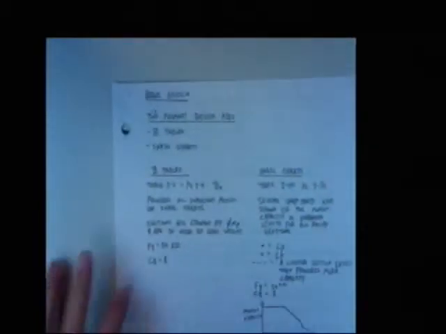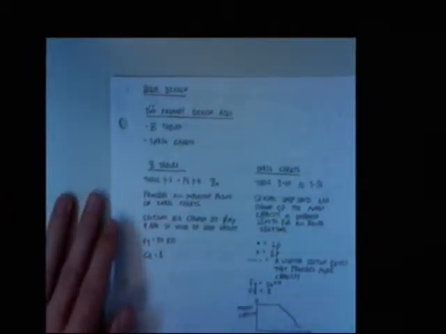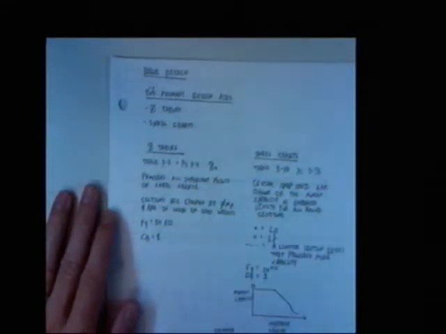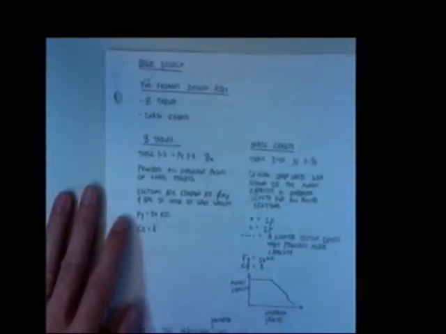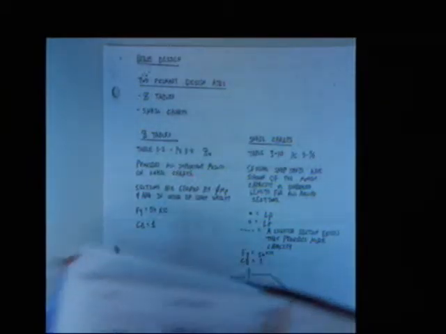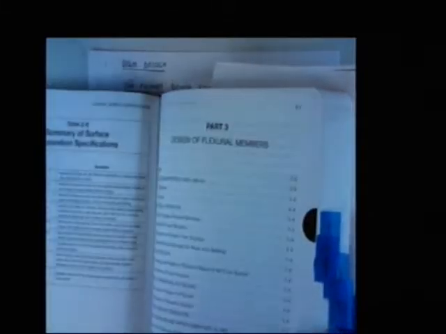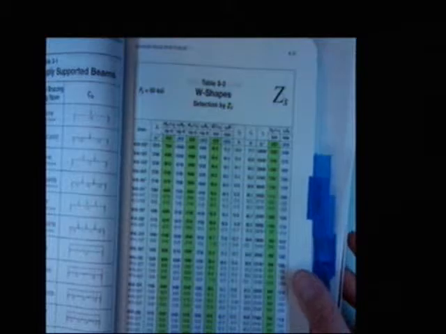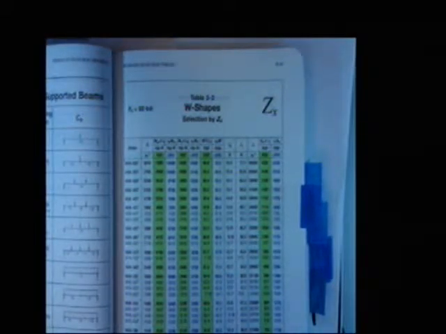Okay, cool. Now we're going to talk about beam design, and this is totally review. You should know all this stuff. And this is for rolled sections. Okay, we're not going to spend a lot of time talking about this at all. But just in case you haven't seen these before, we're going to be using the Z tables, which look something like this, where they give us all the key points on the Snell chart.